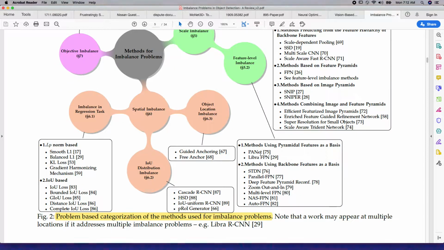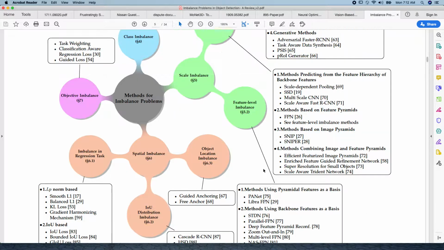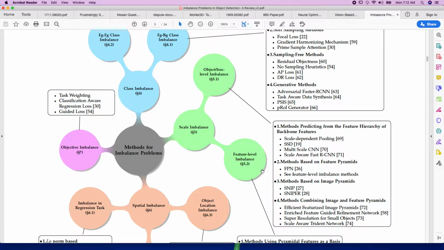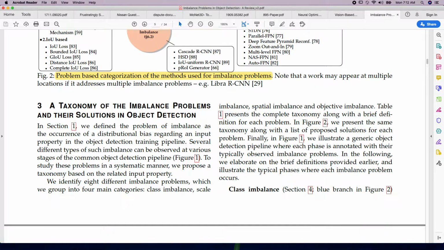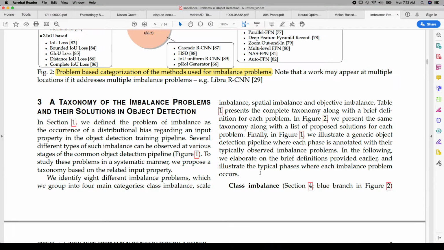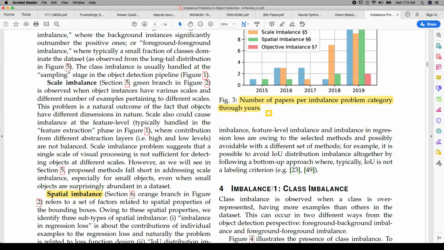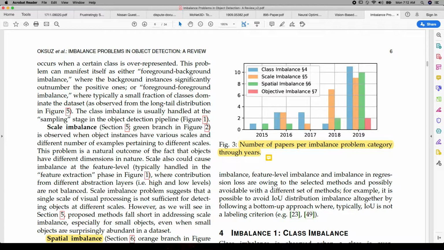In subsequent review, we may look at this more problem-based categorization of the methods used for the imbalance problem. This is just an overview of it, but we may come back to that in later discussion. Moving on, this shows the number of papers by imbalance problem category over the years.